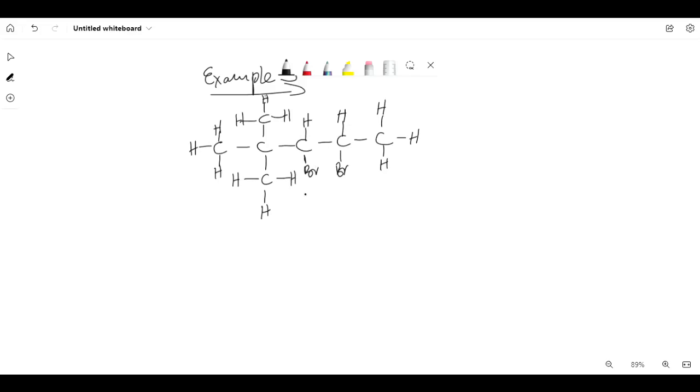Now, am I gonna start from left to right or right to left? Almost the same scenario as the previous one. Here I have two methyls, and then here it's only one bromine.